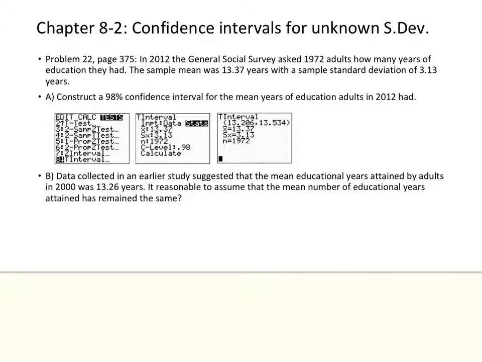So if we use the calculator, we again hit the stats key, and we get the first screen for the stats key. We move over to test, and we pick option 8, which is the t-interval.